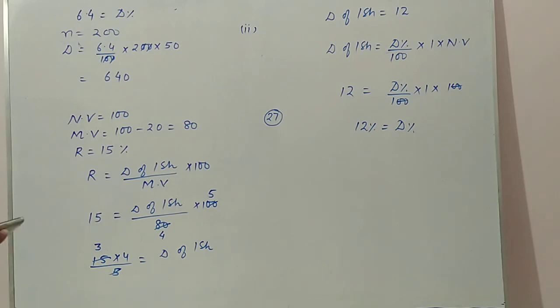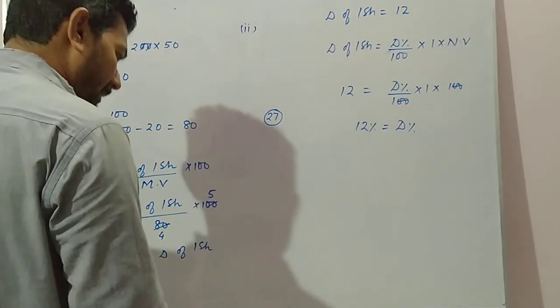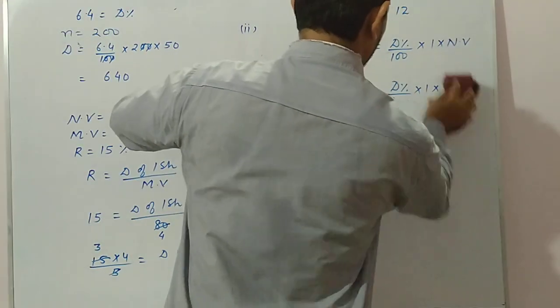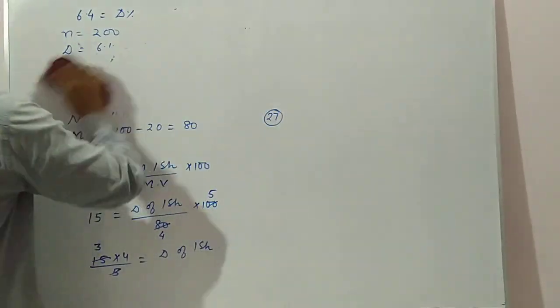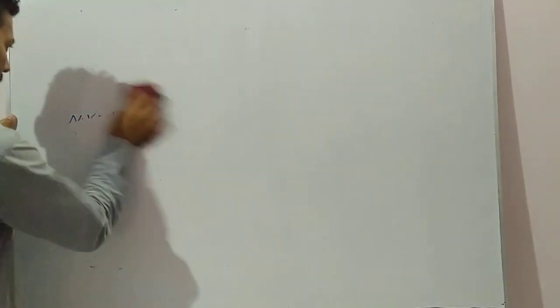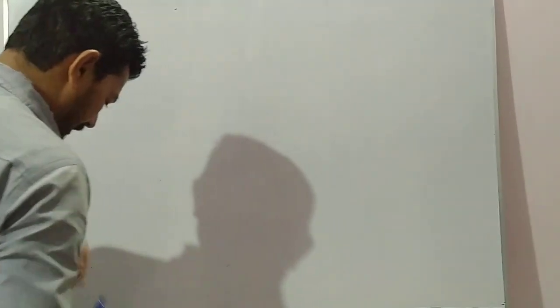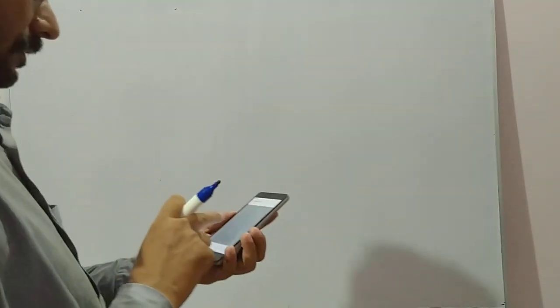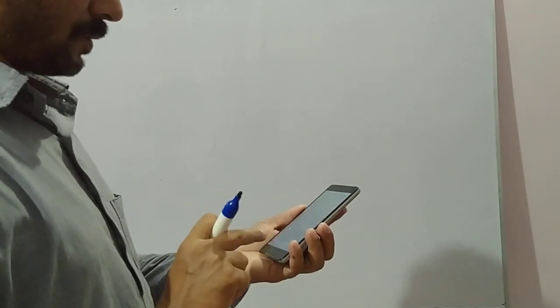Next we will come to question number 28. Here it is given that in question number 28, a company declared a dividend of 14%.